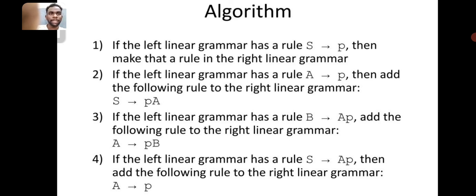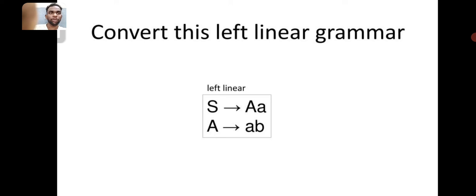If the left linear grammar has a rule A implies p, then add the following rule to the right linear grammar: S implies p A. If the left linear grammar has a rule B implies A p, add the following rule to the right linear grammar: A implies p B. If the left linear grammar has a rule S implies A p, then add the following rule to the right linear grammar: A implies p.